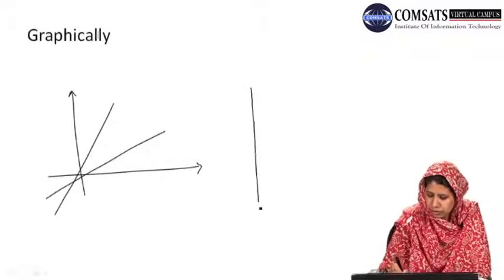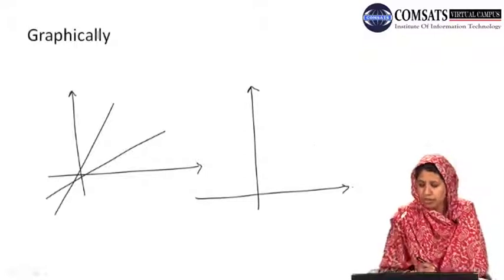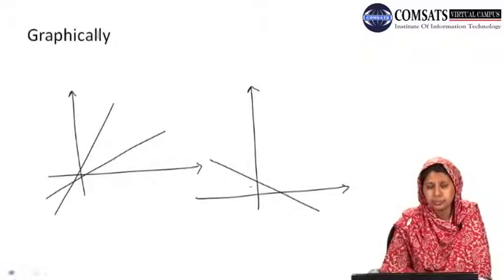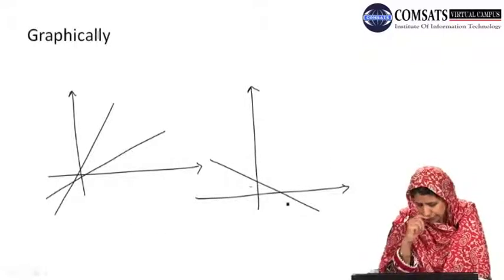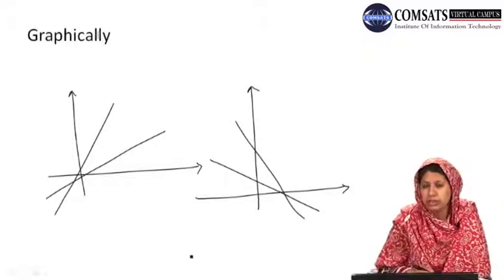Okay, let's consider another example on our same coordinate axis, x and y. Let's say we have a line in this direction, a line in the xy plane, and again we draw a line in this direction.